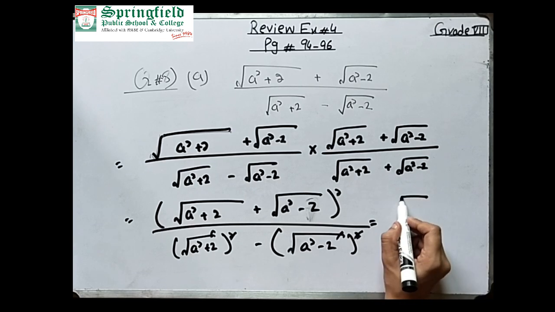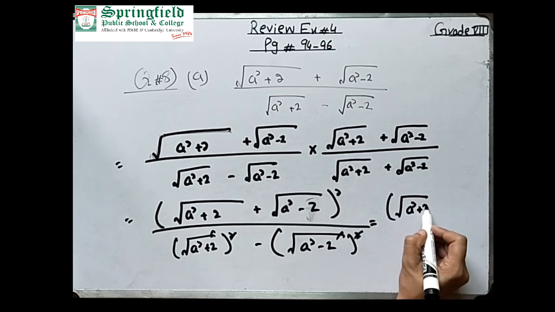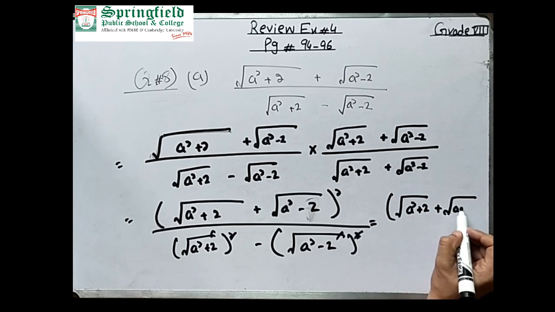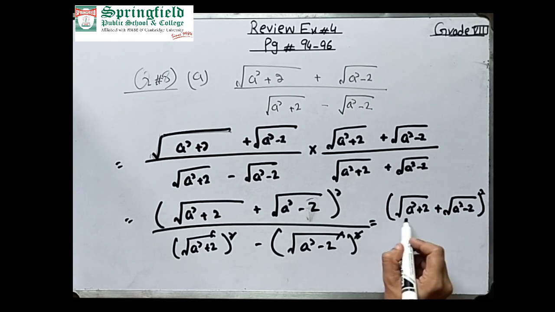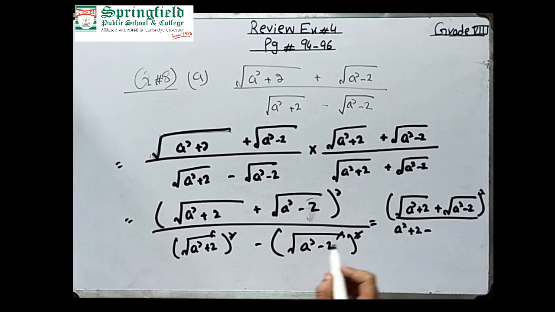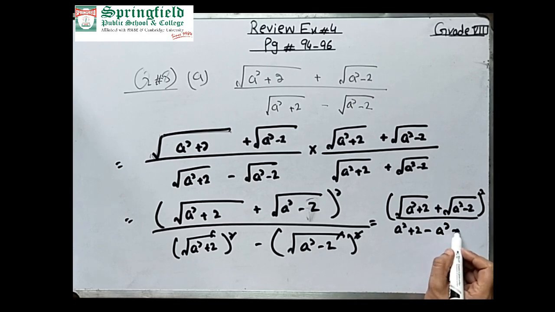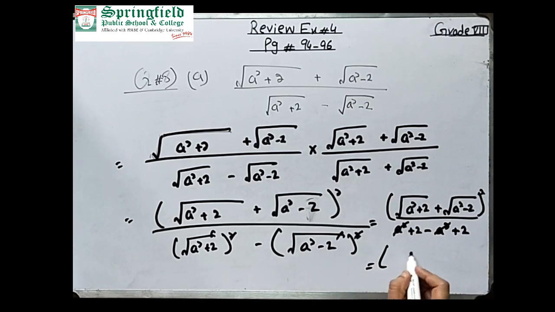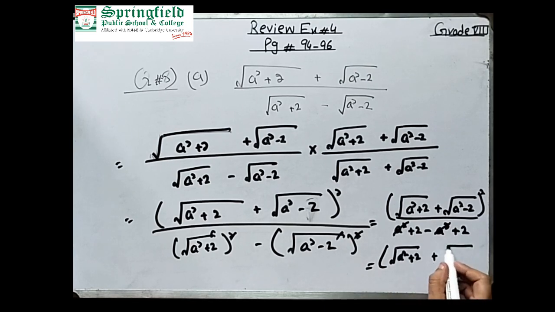Just a square plus 2 plus a square minus 2 whole square divided by a square plus 2 minus, open the bracket, a square minus will become plus 2. So a square can be cancelled with the a square, plus minus can be cancelled. So just here, plus 2 and plus 2 will become 4.